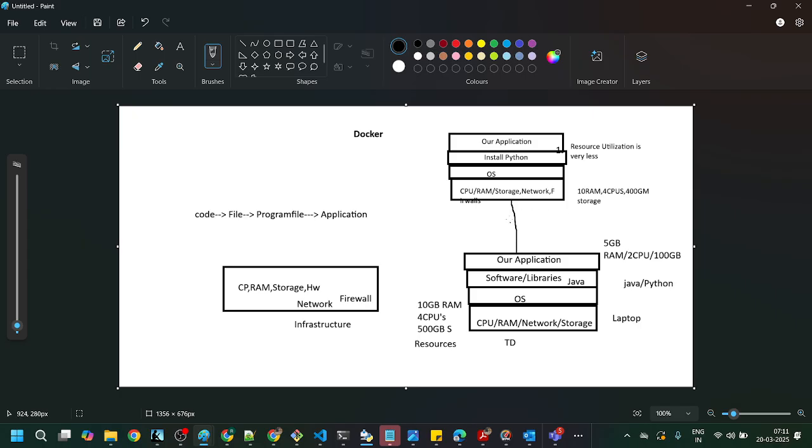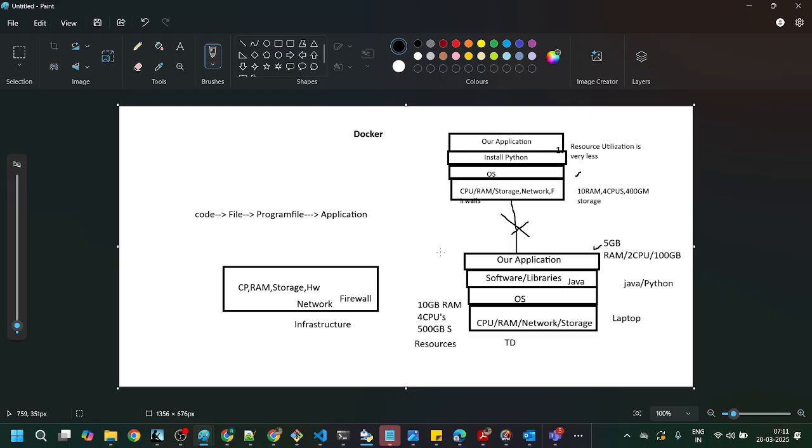So we make our applications isolated. This is running on one machine, and this is running on another machine, so there will be no connection. There is isolation from each other, and they run on their individual machines.